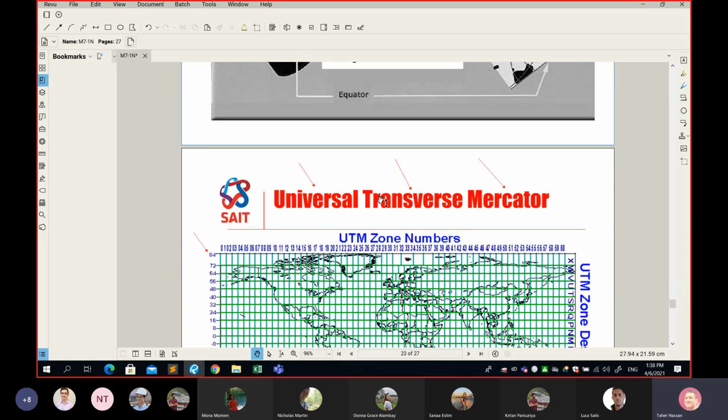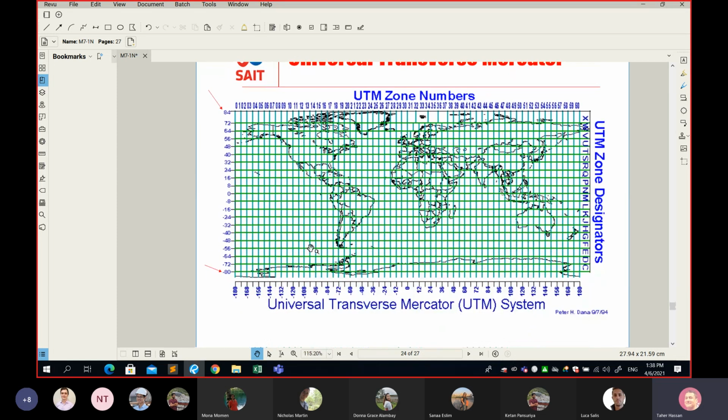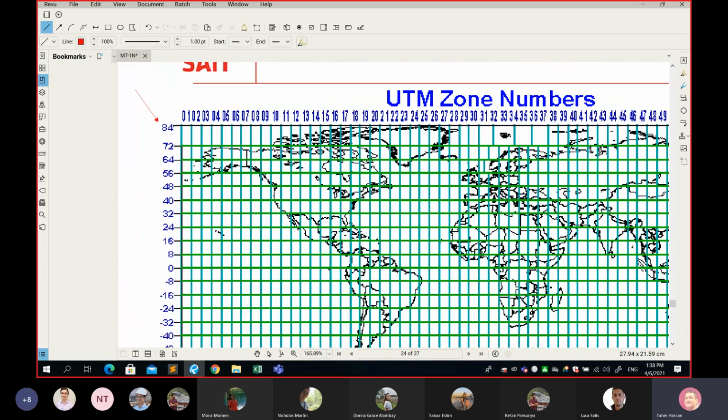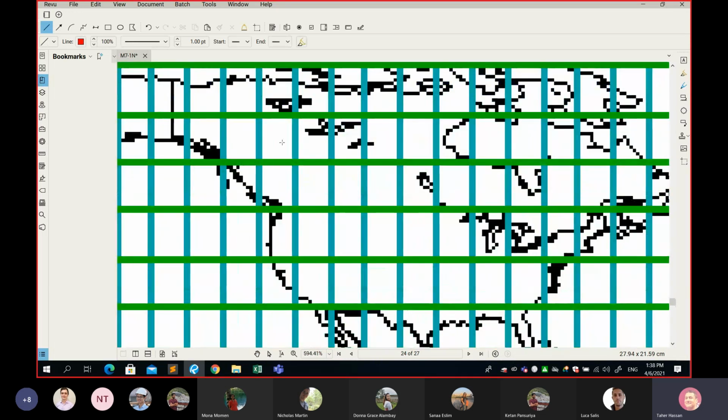Okay, so we look at this. So I'm going to draw for you. Here is my central meridian. Let's take one zone, for example. Here is my central meridian, the one in red. And we said at the central meridian we have no distortion. And as we go a little bit to the east or to the west, what happens to my distortion?